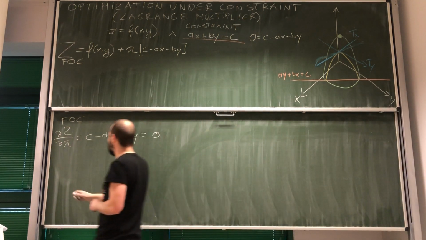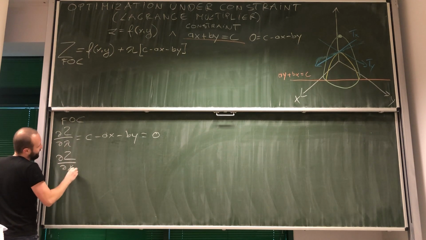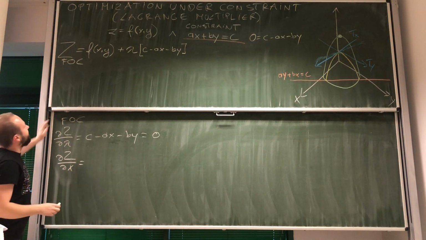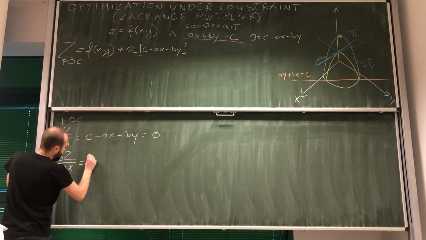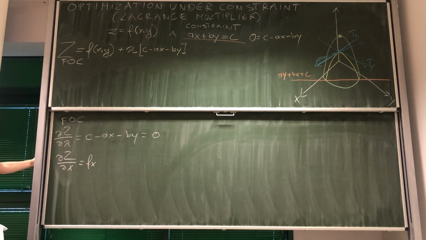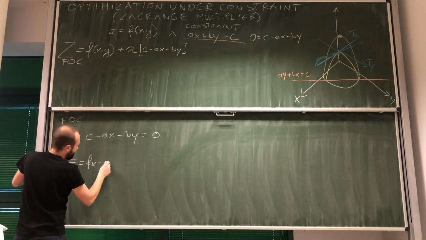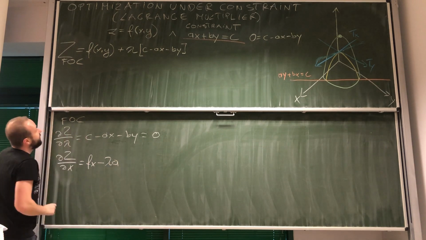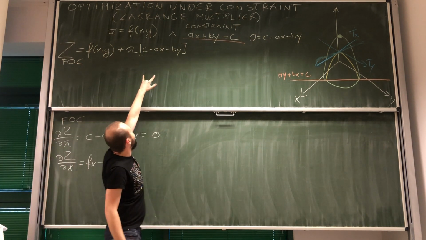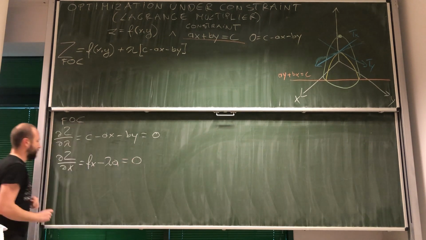Okay, then I calculate the derivative with respect to x. And what am I getting? Look, out of this, I'm getting fx minus lambda a, right? Because out of this, I'm getting minus a times lambda equal to 0.